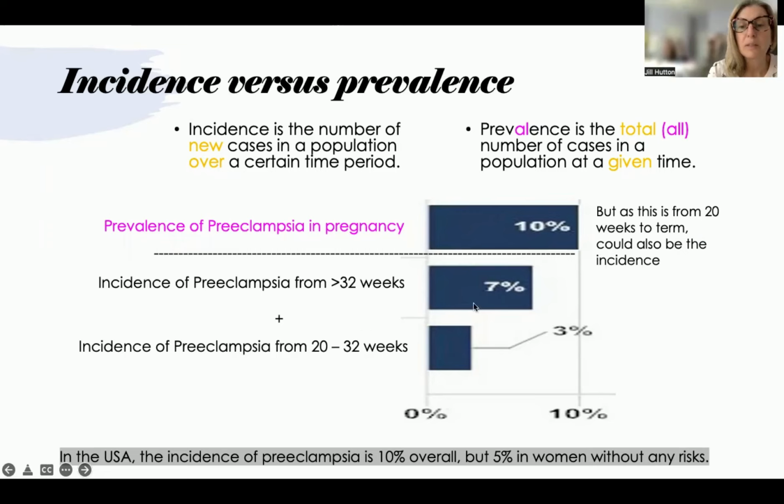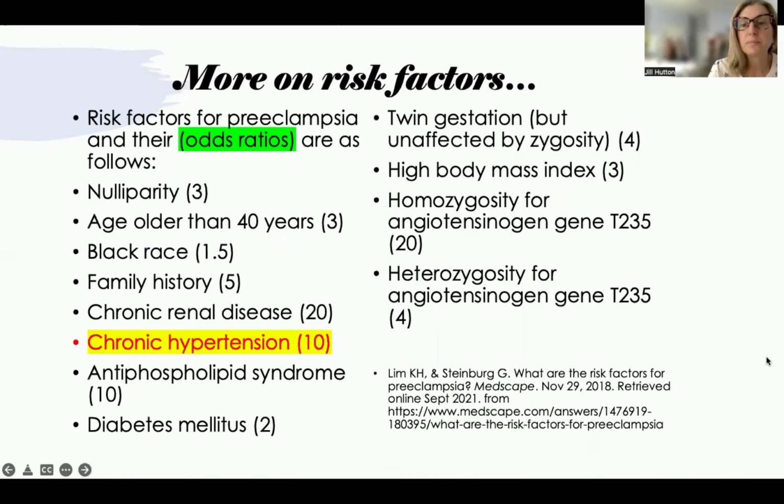After 32 weeks, another 7% will develop preeclampsia, for a total of 10%. So the prevalence at the end of all pregnancy is 10%. But as pregnancy is a definite period of time, you could also use incidence. So this is how we get the incidence of preeclampsia. In pregnancy, there's no wrong answer.